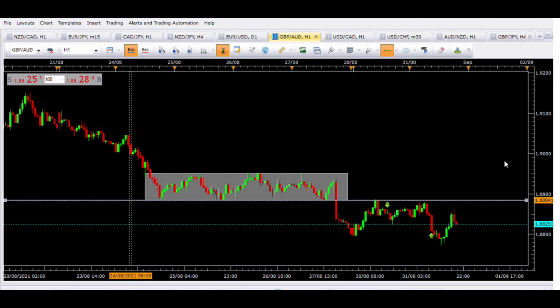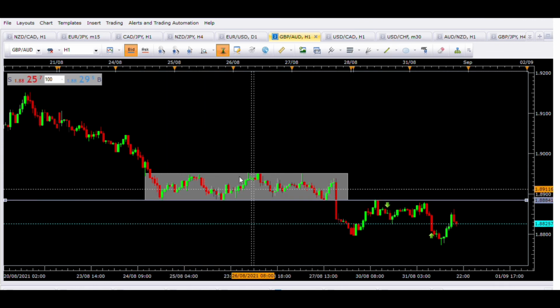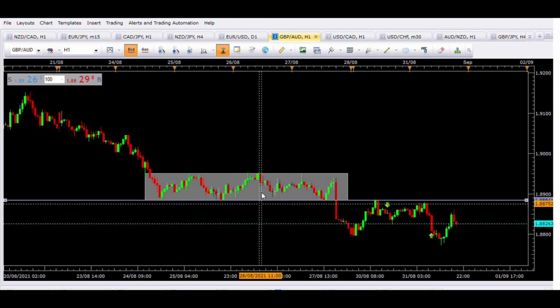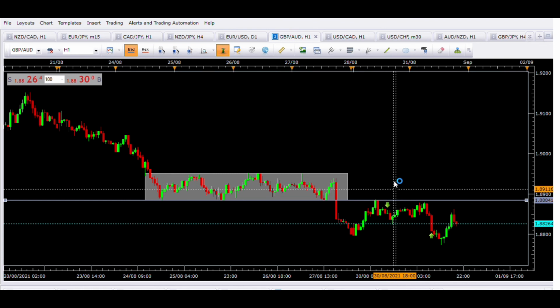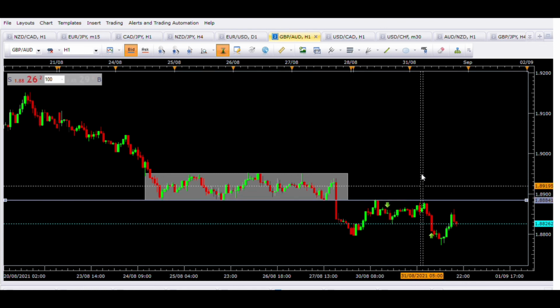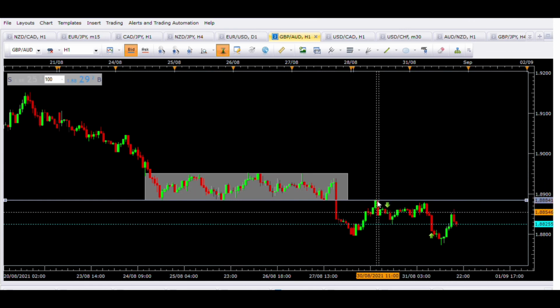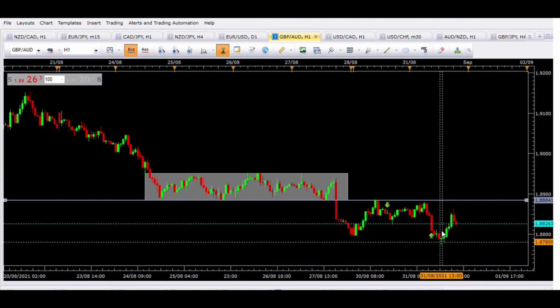So the bottom of this choppy zone, this sideways market, has now shown us that this line here was once an area of support, but is now an area of resistance. Sure enough, you can see this H1 candle at this zone is a large candle, sellers are back in control, and eventually price is taken lower again.